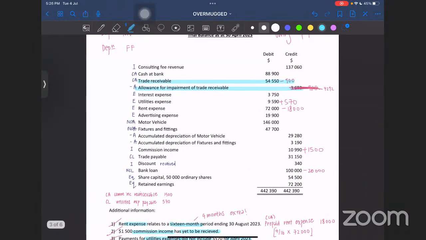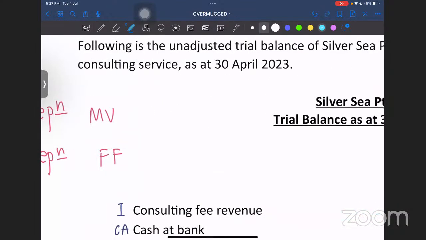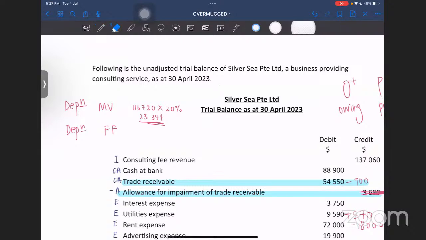So first I need to calculate the NBV, right? So I will take the cost minus the accumulated D. So let's calculate that. That will be 29280 minus 29280. You should have an NBV of 116720 multiply by 20%. So you should have 23,344. Okay, your depreciation for motor vehicle.